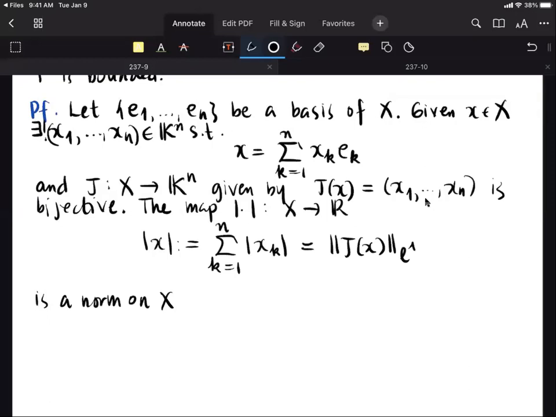So from this, you can simply apply the linearity of J and the fact that you have the little l1 norm to show that this is indeed a norm.